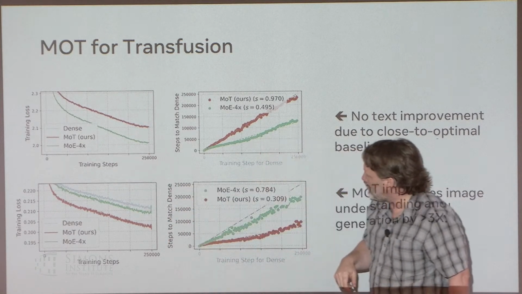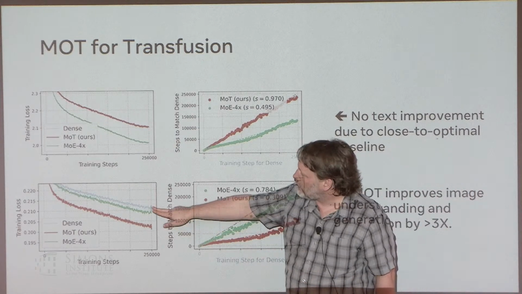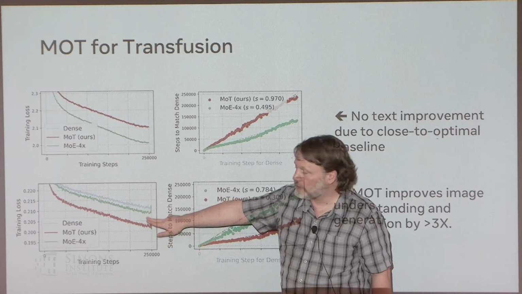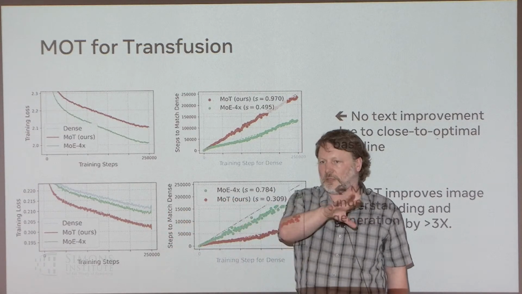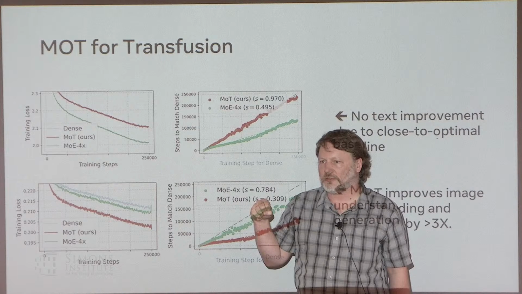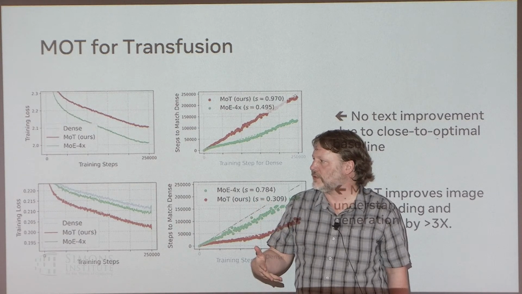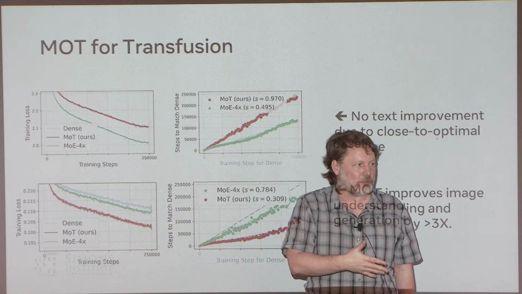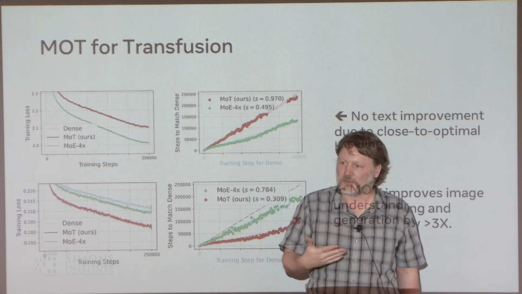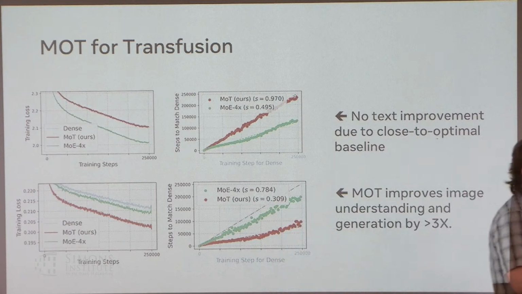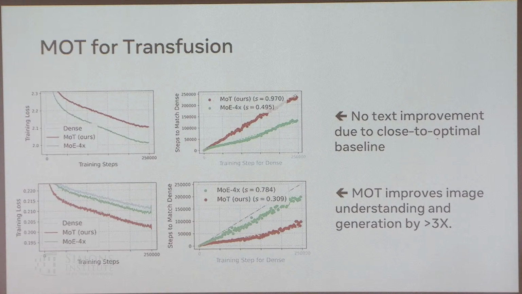But for images, we find a much better situation, where the MoE is helping image generation, but the MoT is helping even more. Somehow pulling the image parameters out of that shared soup helps the image generation model specialize and learn much, much faster. The fact that we were jointly training with the LM was probably really hurting us and slowing down the training. So it remains an open challenge to figure out how to solve this. But if you just want to get the best training possible, you can just split it, and you get this MoT, and it's a pretty good approach.